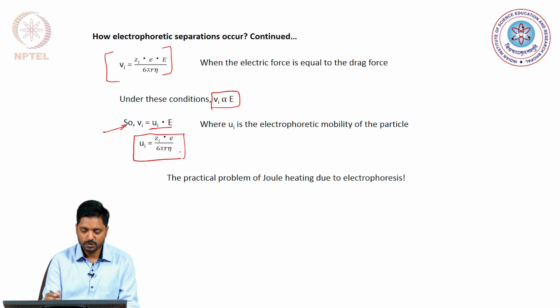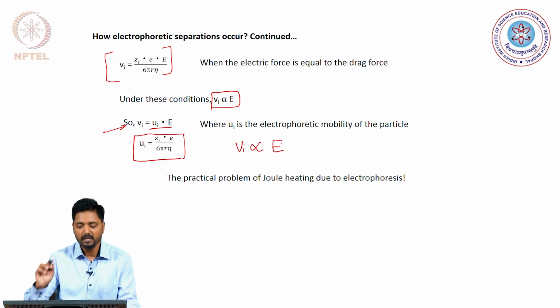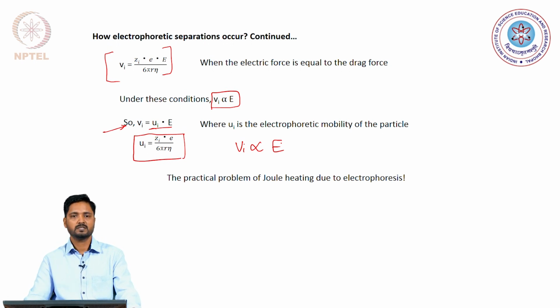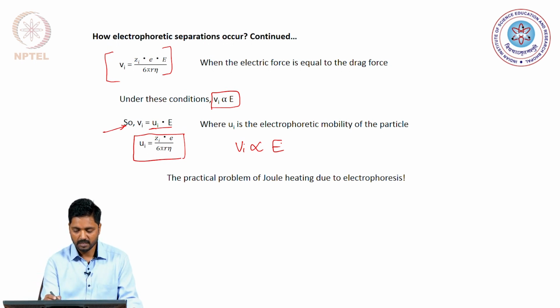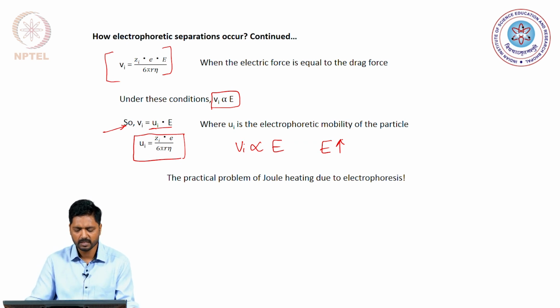Now, since Vi is proportional to E, what we would want is that the electric field that is being applied should be really high, so that effective separations and resolutions can be achieved with high velocity of the particle movement under the electric field.